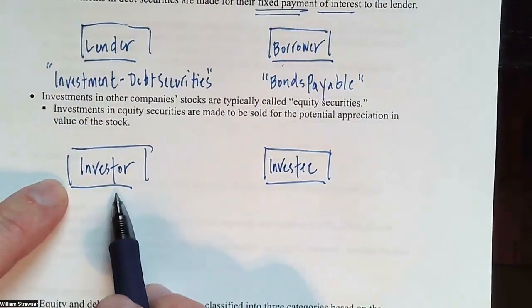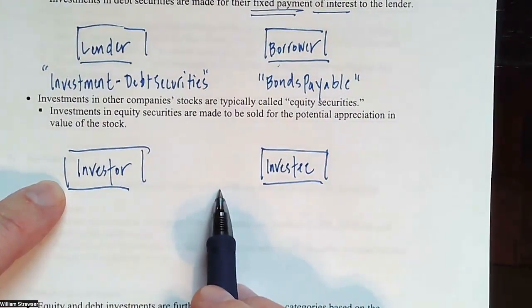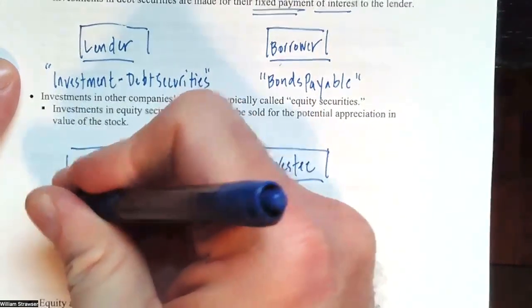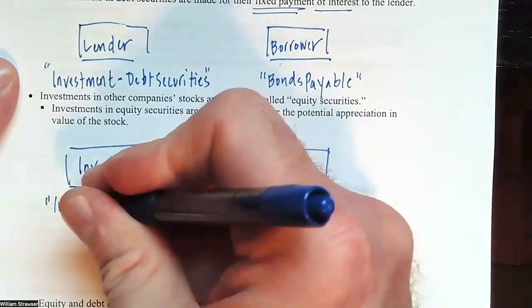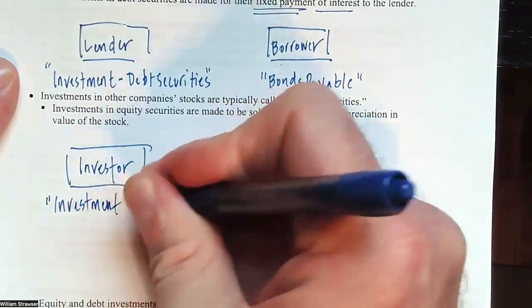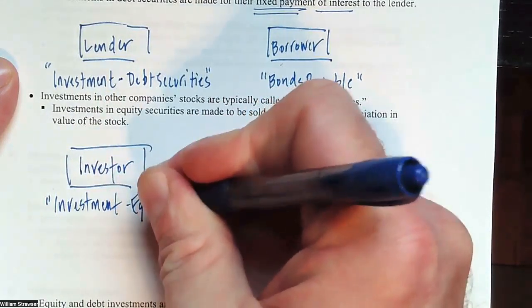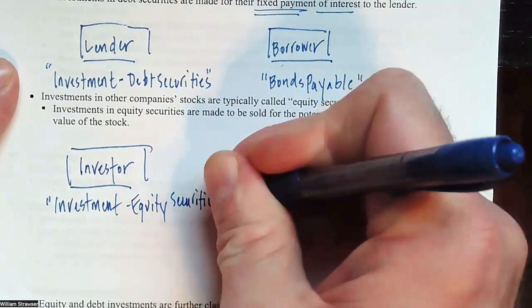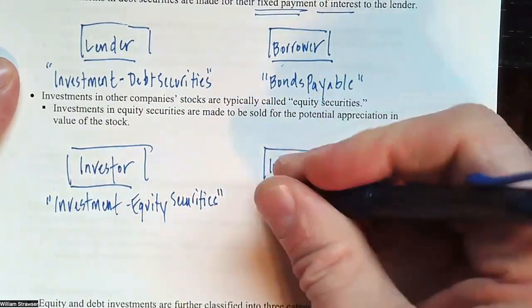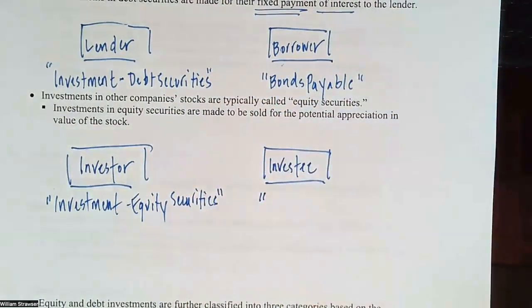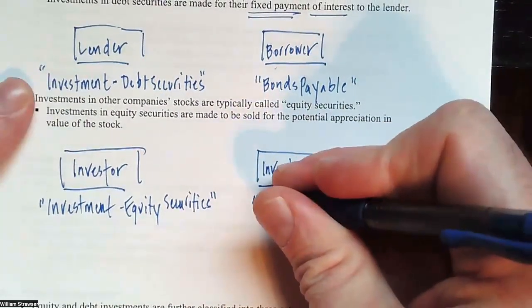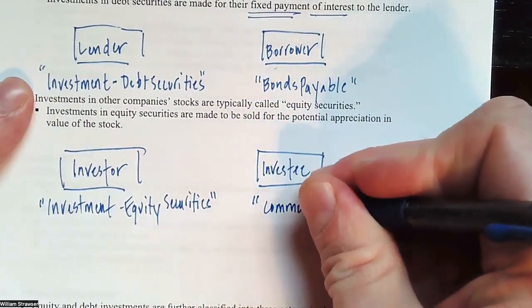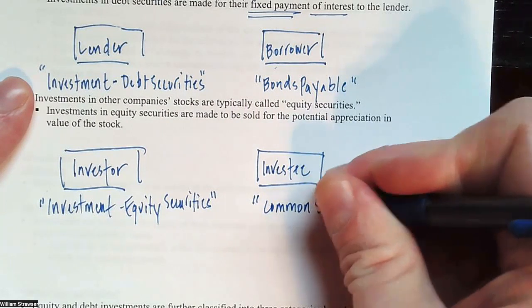So this is the person who's purchasing ownership. They would call that an investment in equity securities. The investee would show this as common stock.